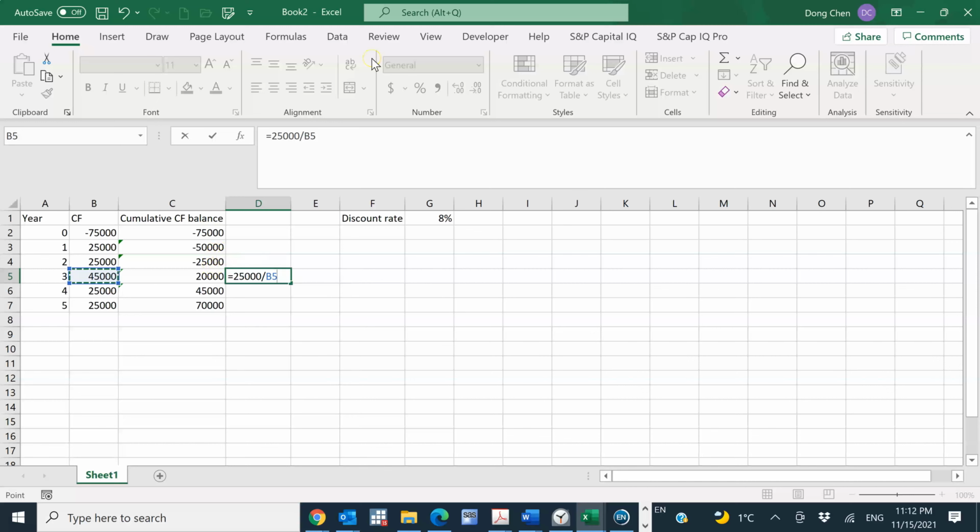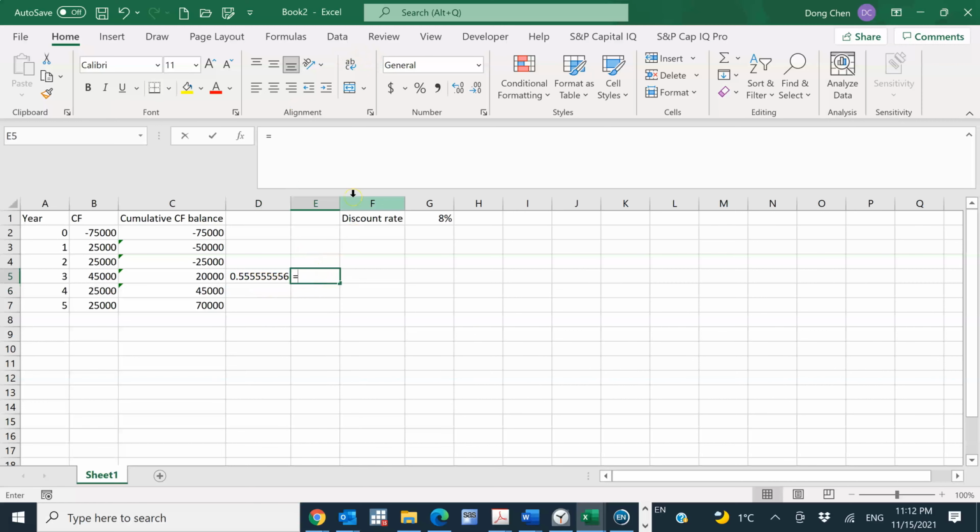That's basically the definition of the payback period. So in this case, the payback period should simply be 2 plus this fractional number. So it's 2.56 if the cash flow of year 3 changes to $45,000.